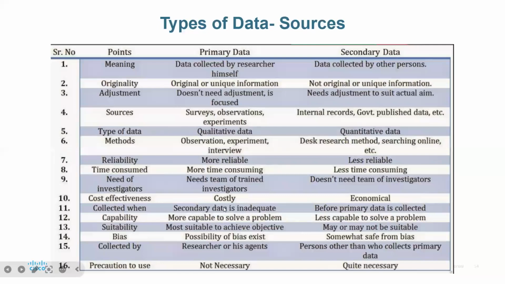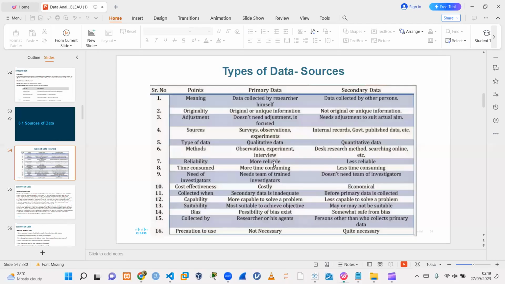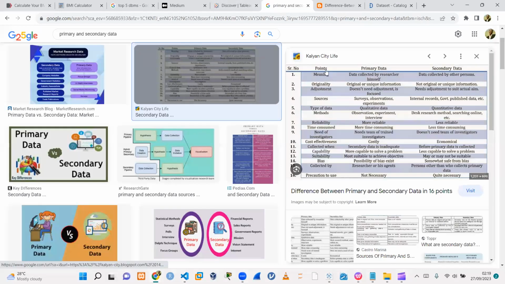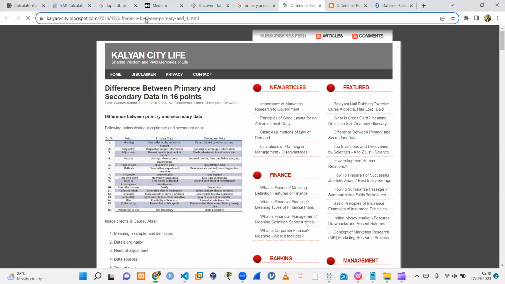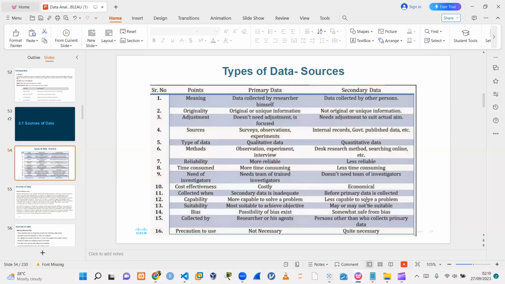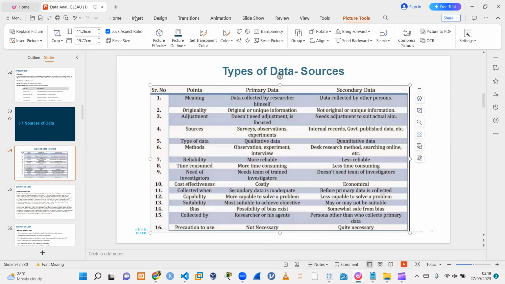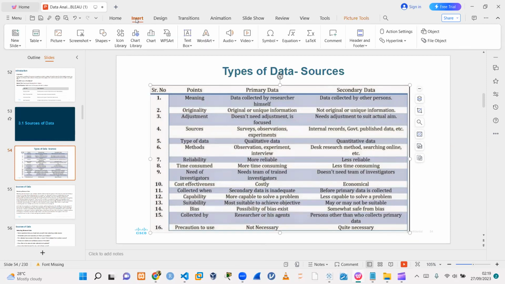So though not clear, but I think manageable. So you have types of data sources. What will be my source now? My source is going to be Killian City Life, right? So if I need to reference, I will reduce this a bit and insert a text box somewhere here.